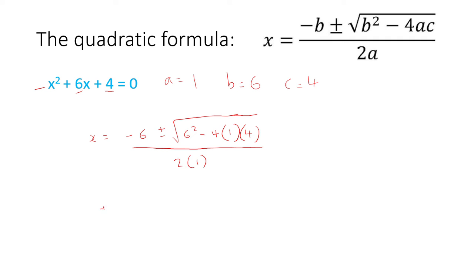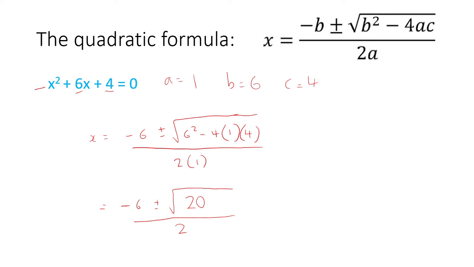Now we can simplify this, so x will be equal to minus 6 plus or minus the square root. 6 squared is 36. 4 times 1 times 4 is 16. 36 minus 16 is 20. And all over 2 times 1, which is 2.